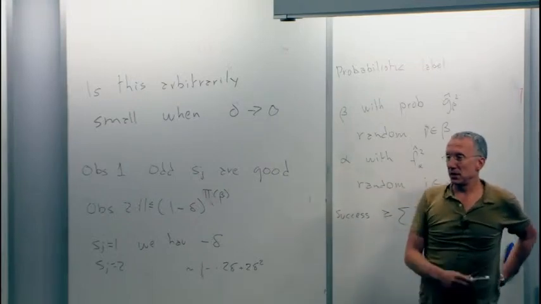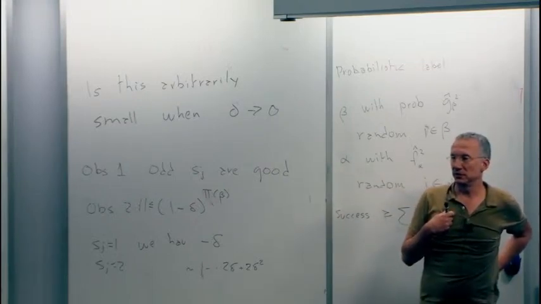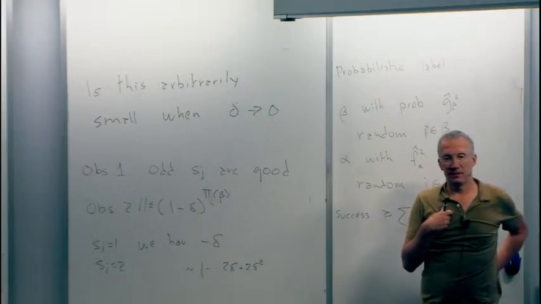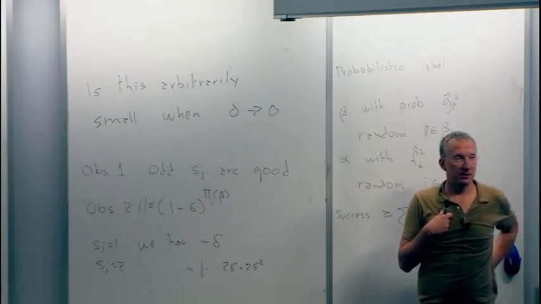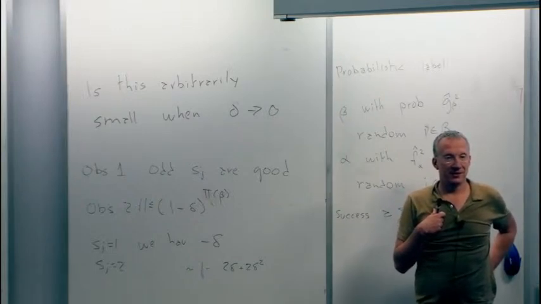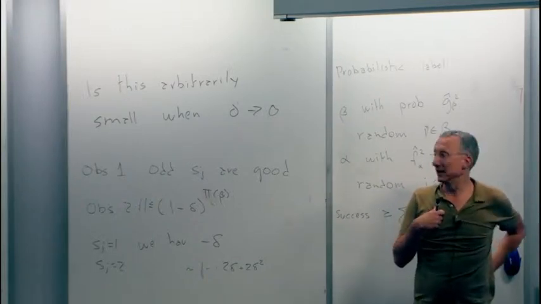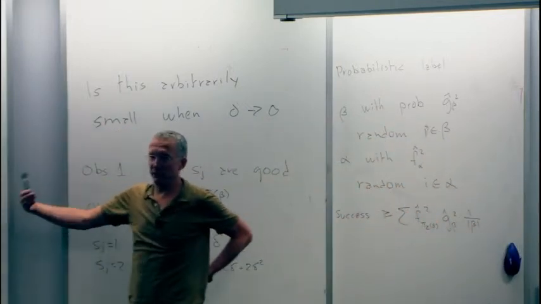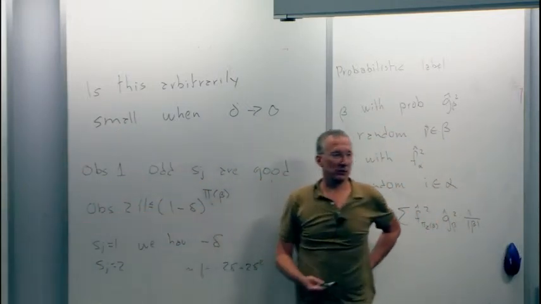Do we have any odd Sj's to start with? Can they all be even? No? They sum up to the cardinality of beta, right? So yes, they can be even, but in that case, g hat is 0. Because we have an odd function, so in fact we have an odd size beta, so at least we have one odd guy, which is good.